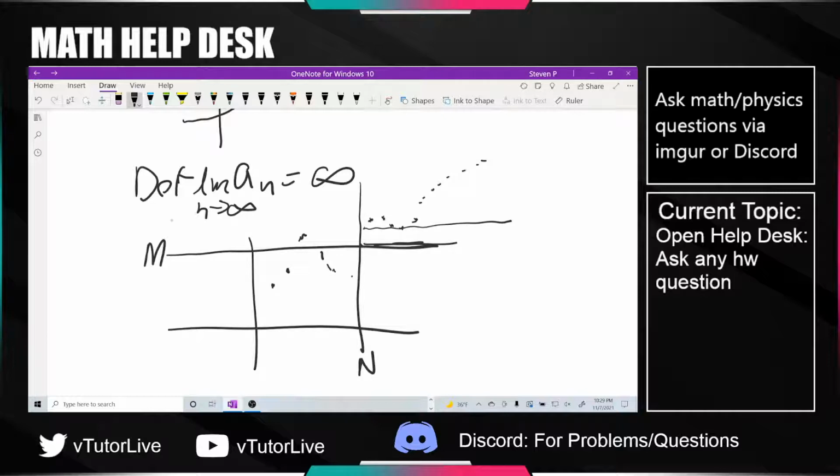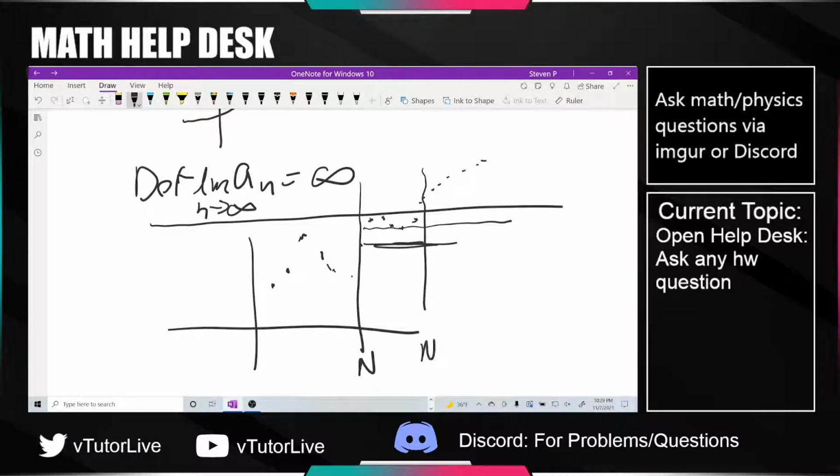And this must be true for every m. If we drew our m higher in the first place, this would still be true, and now our N is just set over here. If we had drawn it even higher, then N would just be set over here. You see why this sequence is going to infinity? Why this definition represents going to infinity?